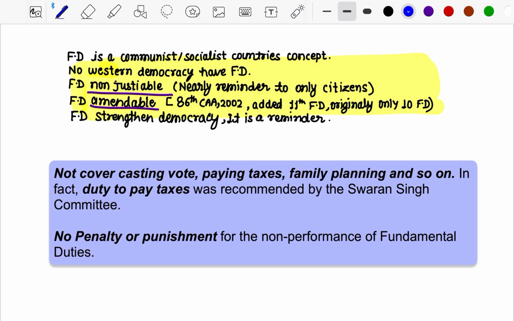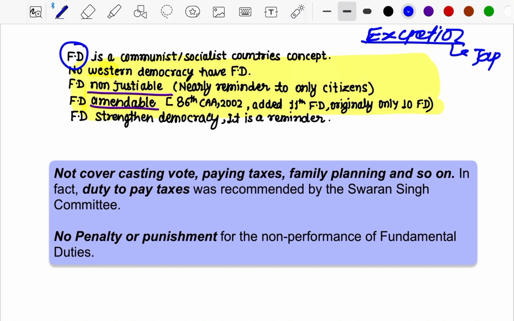A few important things which we have to understand. Fundamental duties are a communist, or we can say a socialist countries' concept. No Western countries have fundamental duties, and no developing countries as well. I think developing countries is wrong to say, but one exception is a democratic country, right? One exception is Japan. Japan is the only democratic country which has included fundamental duties in its constitution.